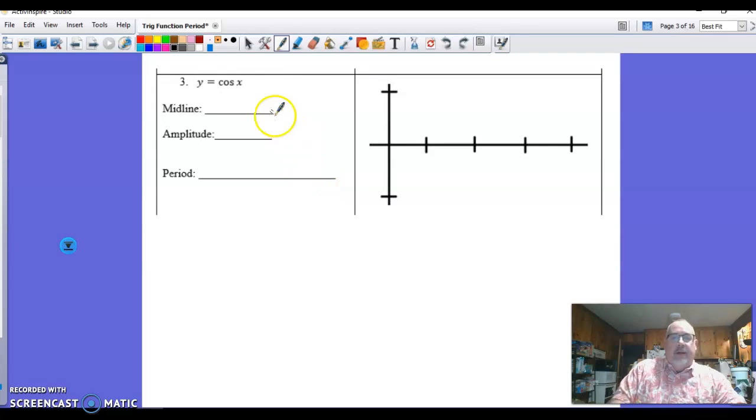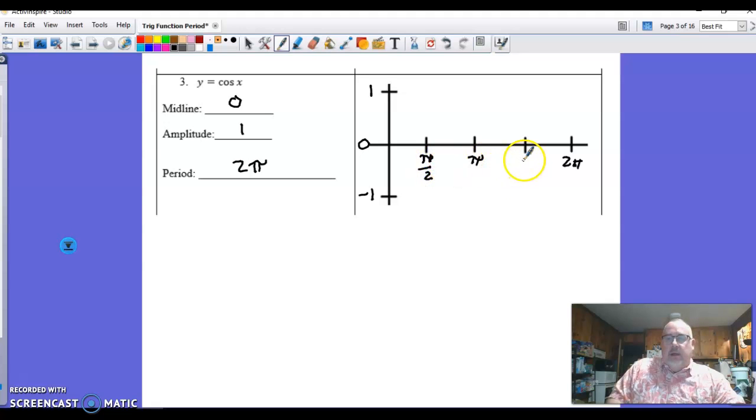All right, number 3. Cosine function. Basic cosine function, midline's at 0, amplitude is 1. Cosine of x, the period is just 2 pi. 0, 1, -1. Goes out to 2 pi. Half of that, half of 2 pi is pi, then pi over 2, and of course, 3 pi over 2.